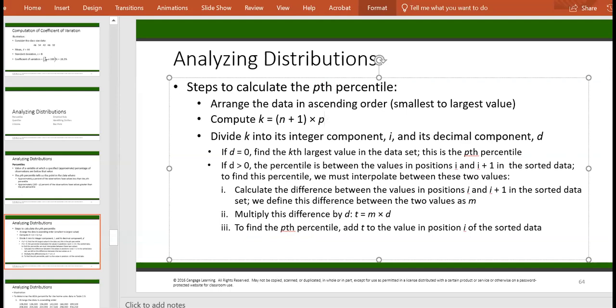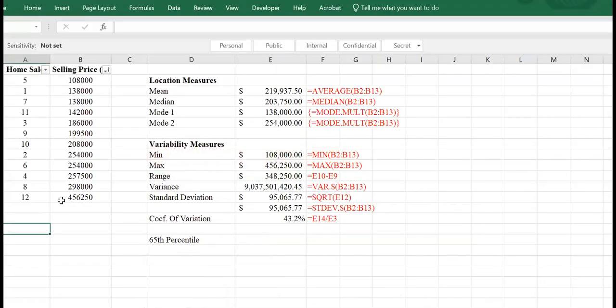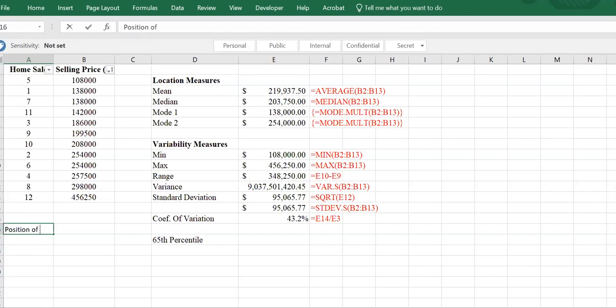So the position of the 65th percentile would be 12 observations plus 1 times 0.65, or 65 divided by 100.